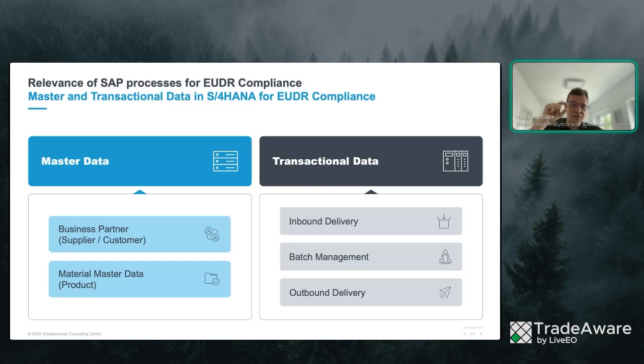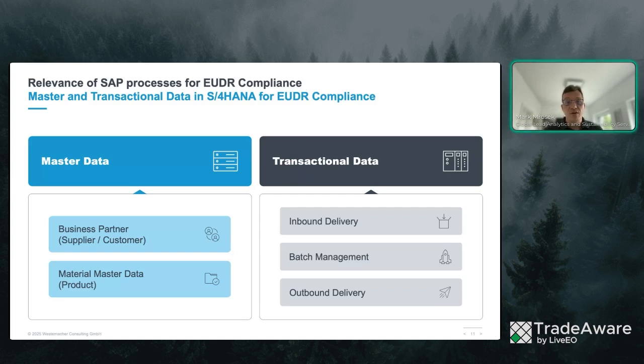With regards to material master data, that is the individual product that you receive from your vendor, and that is where you need, so to say, to include the information that you receive there. That is very important. Then you have your transactional data, and with regard to your transactional data, you have basically 3 big aspects that you need to look at.